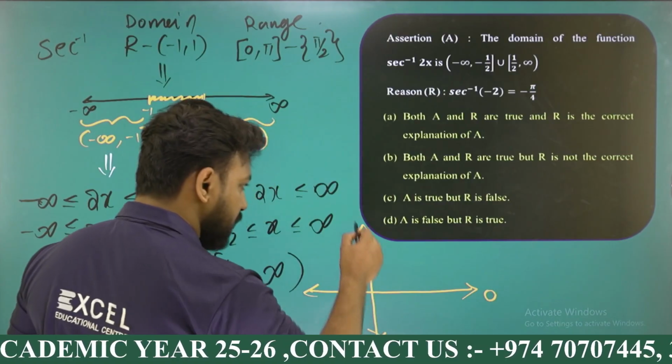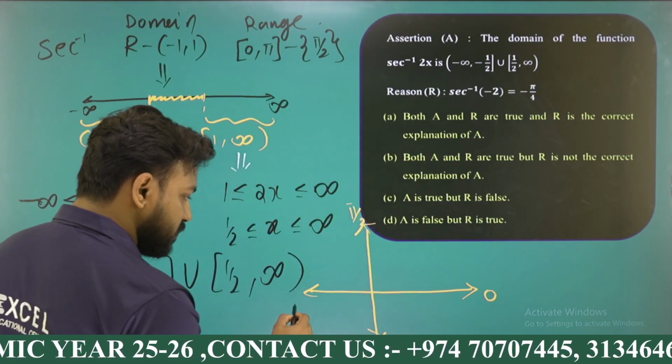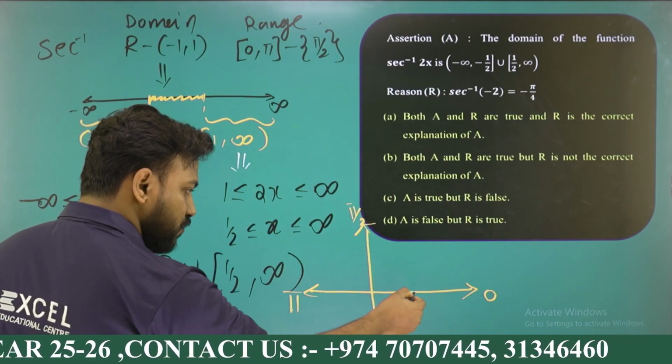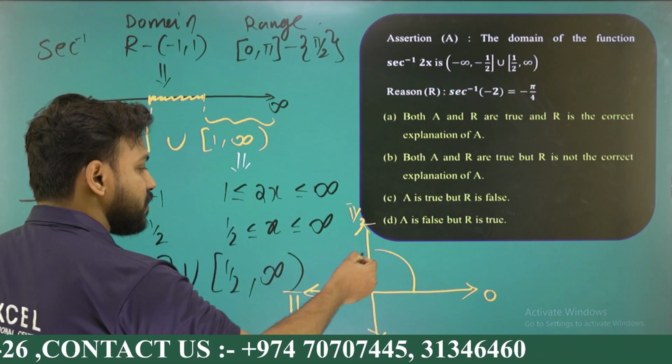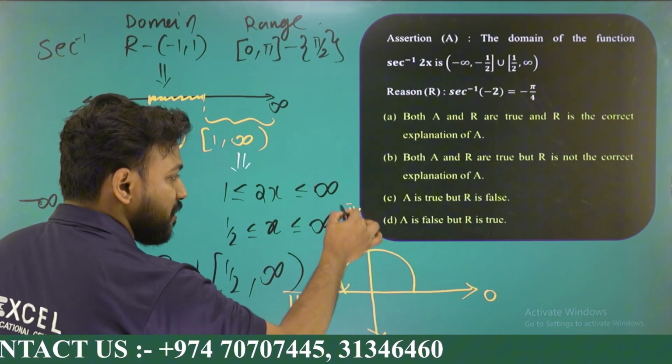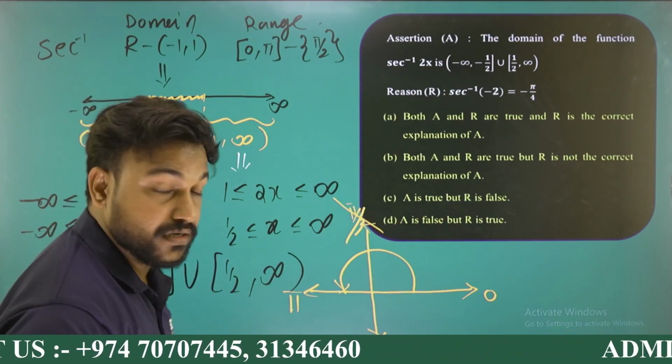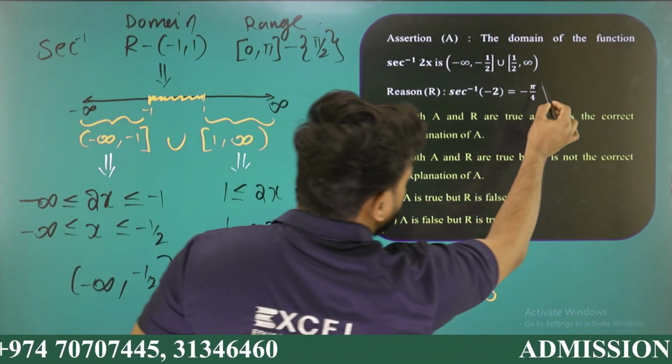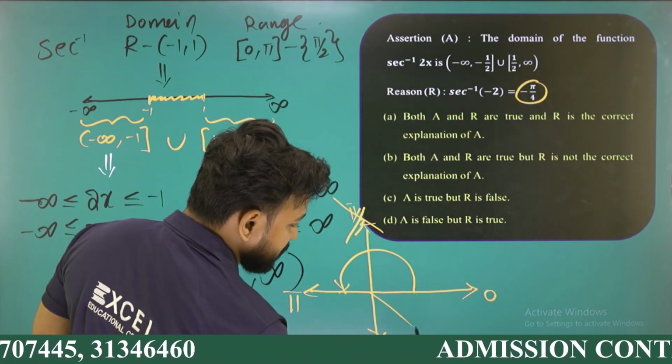It's 0, it's pi by 2, it's pi. So the range will be from where to where? This to this, 0 to pi, but who is not there? Pi by 2 is not there. Where does this minus pi by 4 lie? Minus pi by 4 is here.